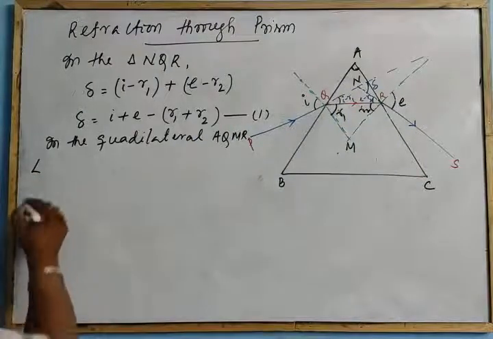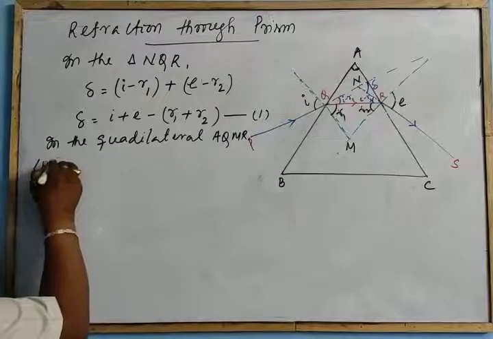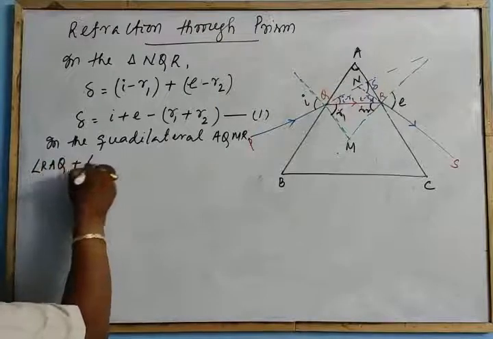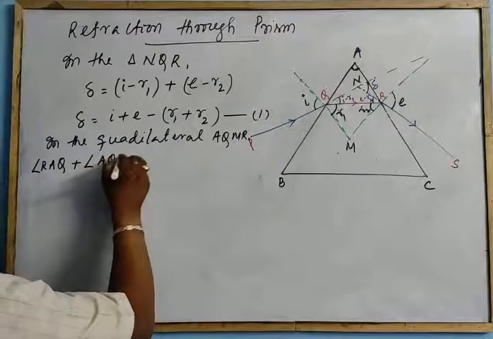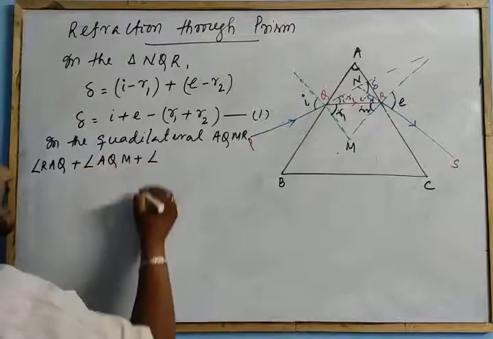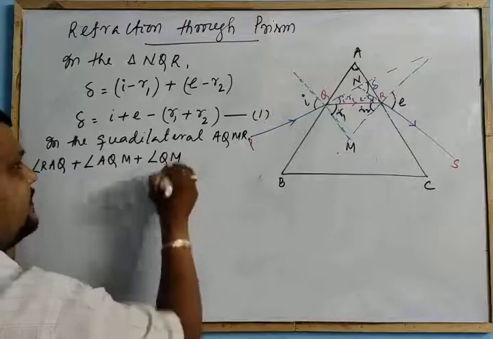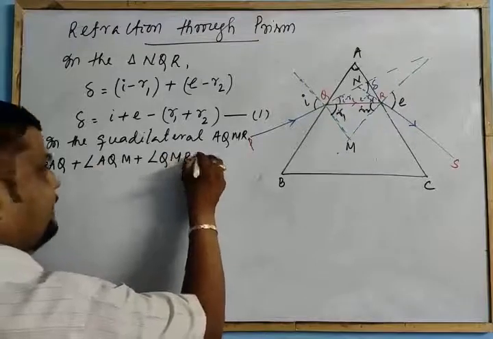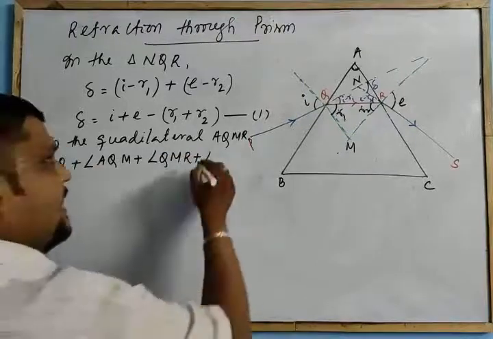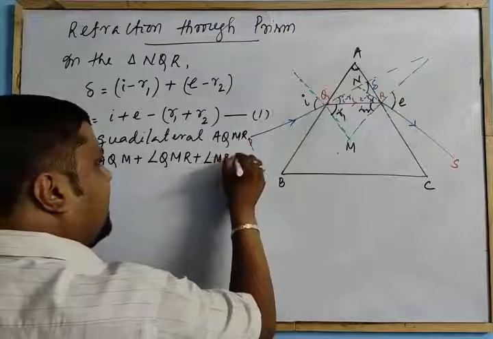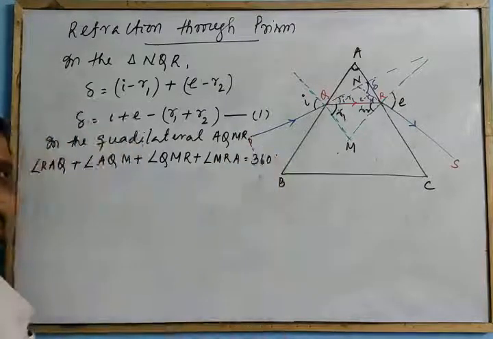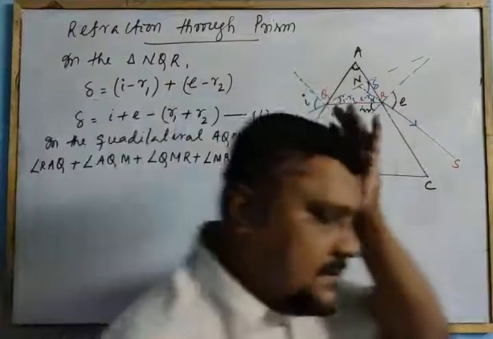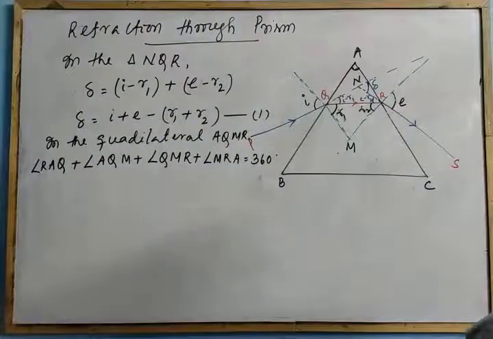First, angle RAQ plus angle AQM plus angle QMR plus angle MRA is equal to 360 degrees. Sum of the four angles of a quadrilateral is 360 degrees.